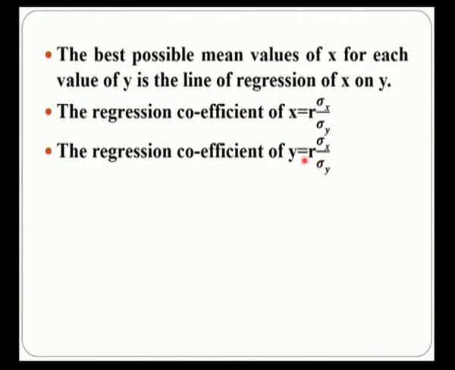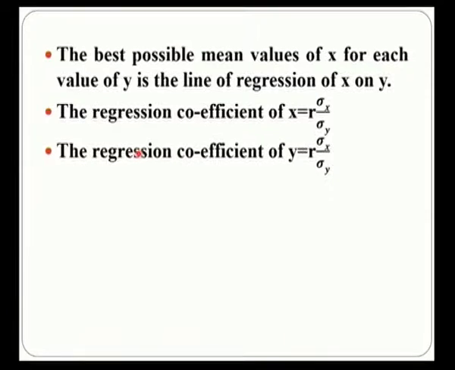The regression coefficient of y is equal to r into standard deviation of x over standard deviation of y. So, whose regression coefficient is to be obtained, that component standard deviation should come in the denominator. Like that, you can remember the formula for the regression coefficient.